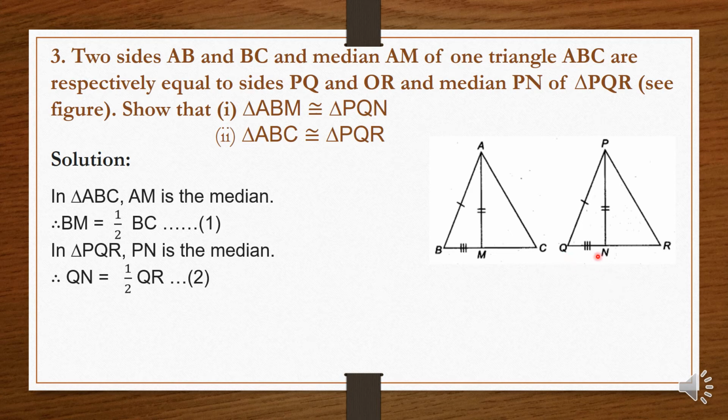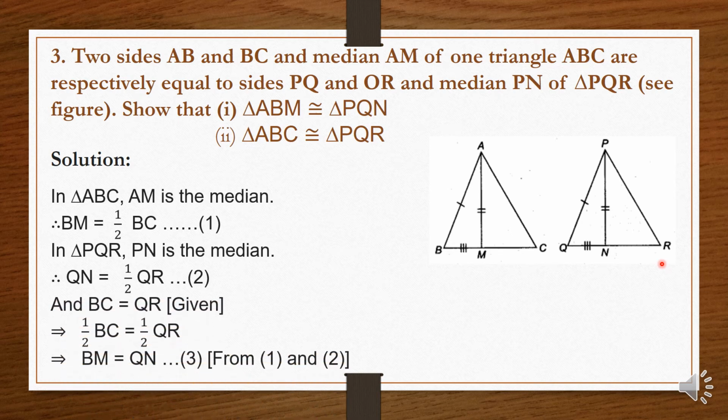Therefore, we can say QN is half of QR and mark it as equation 2. Now, it is already given that BC equals QR. Since BC equals QR, we put the values from equations 1 and 2 and get half of BC equals half of QR. Because half of BC equals half of QR, we can say that BM equals QN using equations 1 and 2.